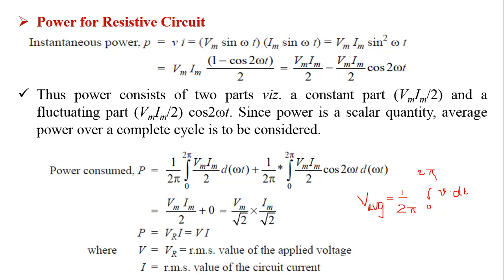If I is there, for I average you can write small i. If P is there, then you can write small p. That's it.